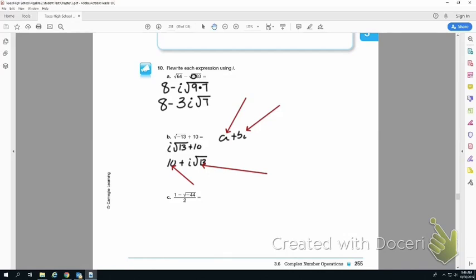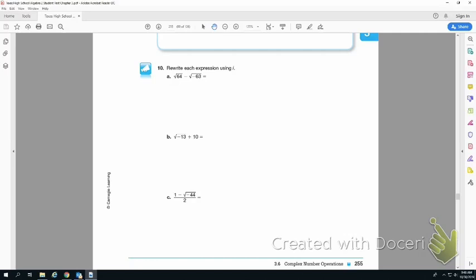You're going to see a lot of this format when we get into the quadratic formula. Because if you remember the quadratic formula, at the beginning you've got negative b plus or minus the square root. So that A is going to come from that number, whatever you put there, and then your I is going to come from that being negative. But we're going to dive into that a lot more next class.